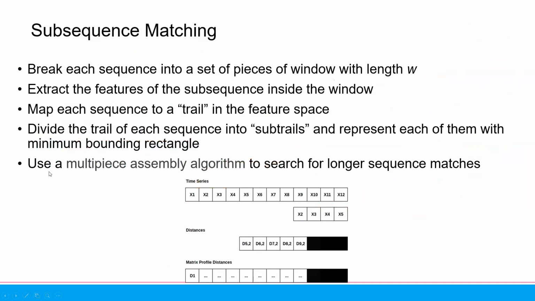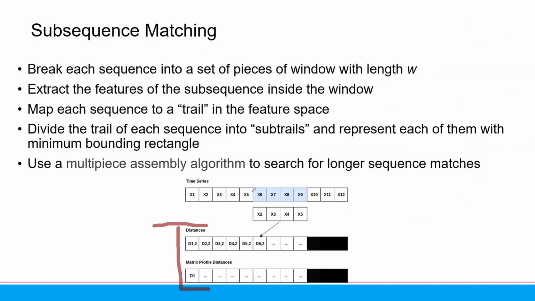And then later we will use the multi-piece assembly algorithm to search for longer sequence matches. We can use the matrix profile distance to check which one is more similar.